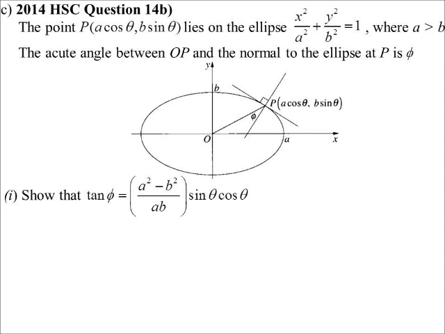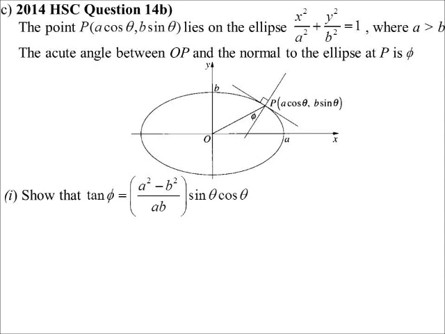So what do we know? We know that phi is the angle between two lines. They're asking us to find tan phi. So it sounds like I'm going to use my angle between two lines formula. So remember, that would be tan of the angle is equal to, just need to work out the two slopes to put into this. One will be the slope of the normal, and the other would be the slope of OP.